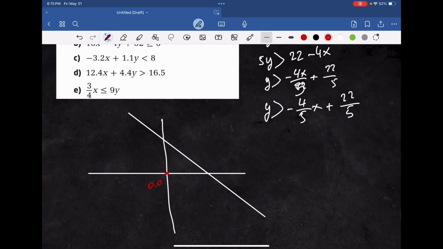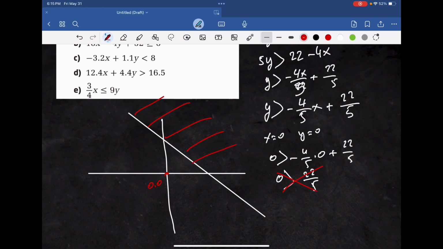If x equals 0 and y is equal 0, will this be included or not? Let me check. 0 is greater than minus 4 over 5 times 0 plus 22 over 5, which is 0 is greater than 22 over 5, which is not true. So my line will be this section, this side.